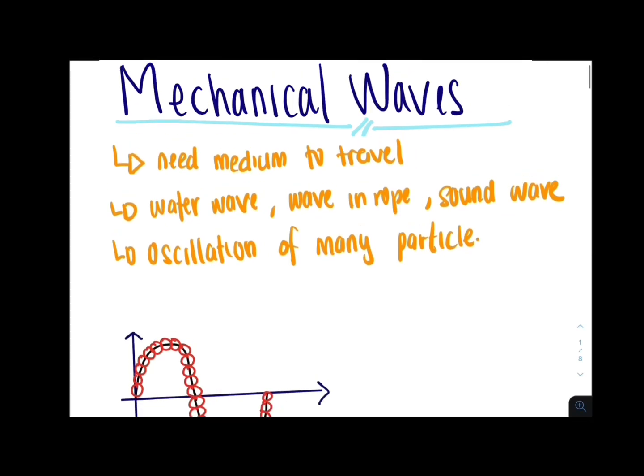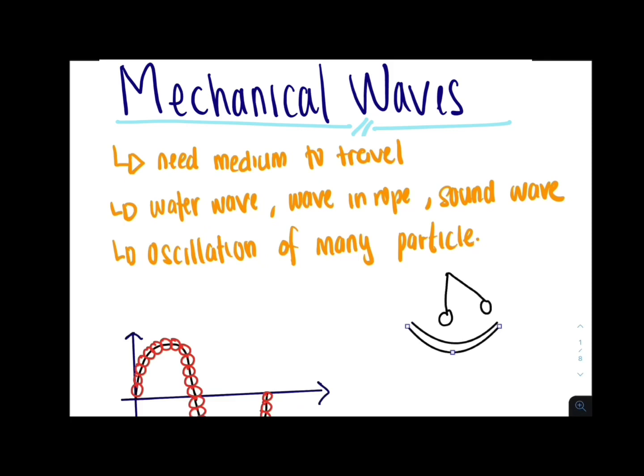Okay, apa beza mechanical wave dengan harmonic motion di mana you also learn about periodic oscillation? Betul tak? Apa beza antara dua ini, let's say for example, awak ada pendulum. You pull the pendulum to a particular point to the right and then you release it. The pendulum is going to oscillate to the left and then come back to the right.